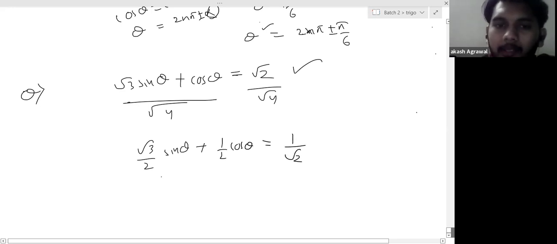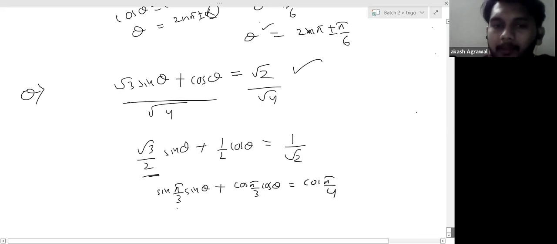All right. Now we can write this as sine 60, that means sine pi by 3 sine theta plus cos pi by 3 cos theta, and this is cos of pi by 4. So sine A sine B plus cos A cos B, again cos(A minus B) is equal to cos of pi by 4.